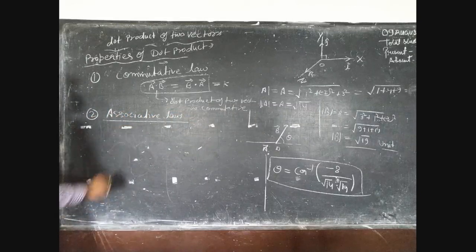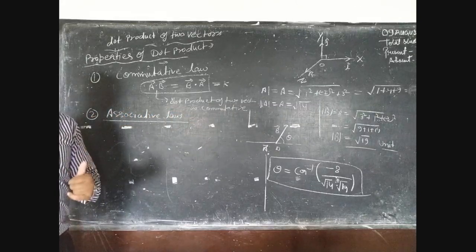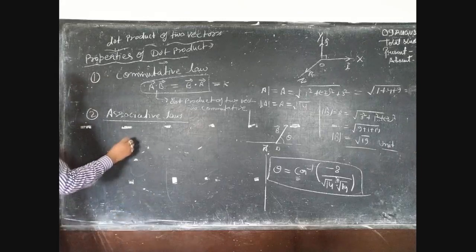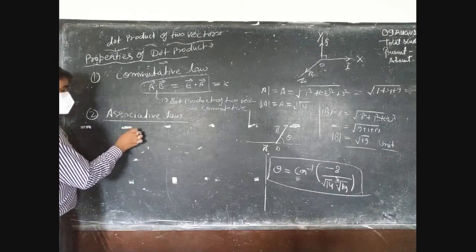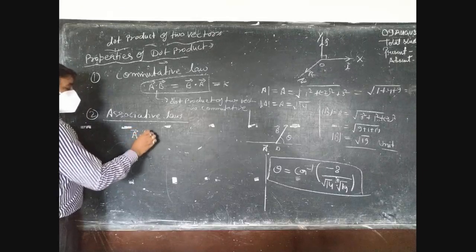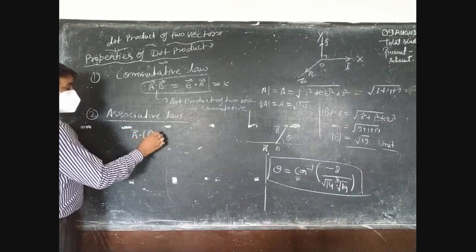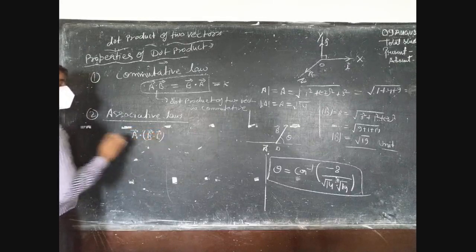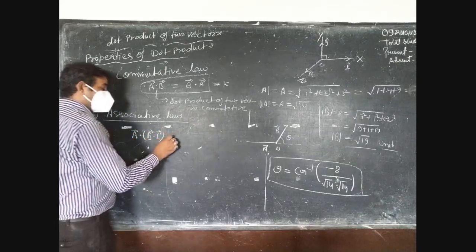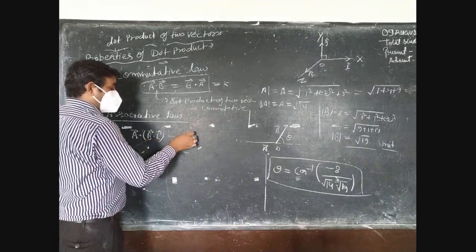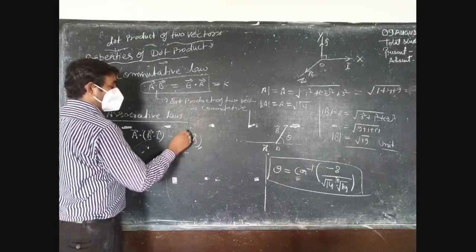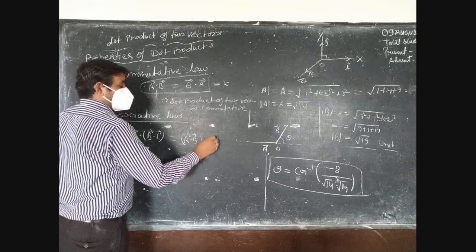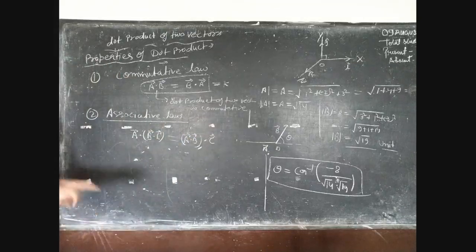That means if we have three vectors, let's say vector A, vector B and vector C, their dot product is given as vector A dot the product between vector B and C, which is equal to the dot product between vector A and vector B, then with C. We get the same.